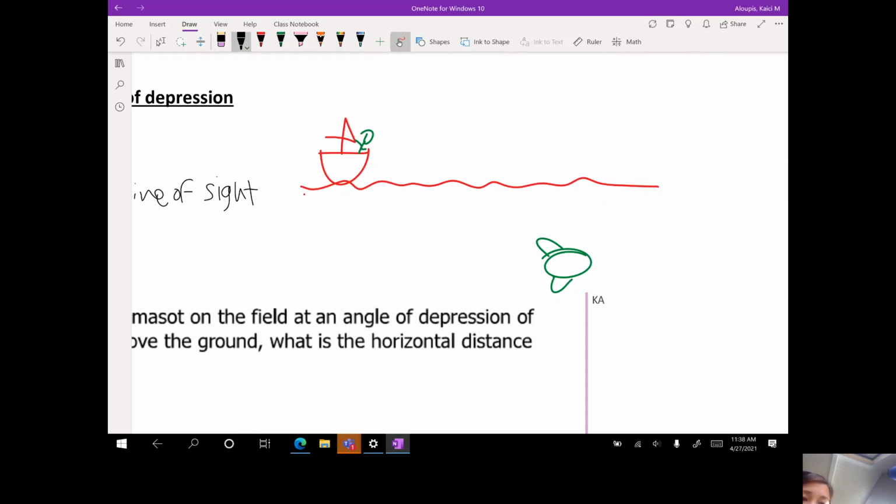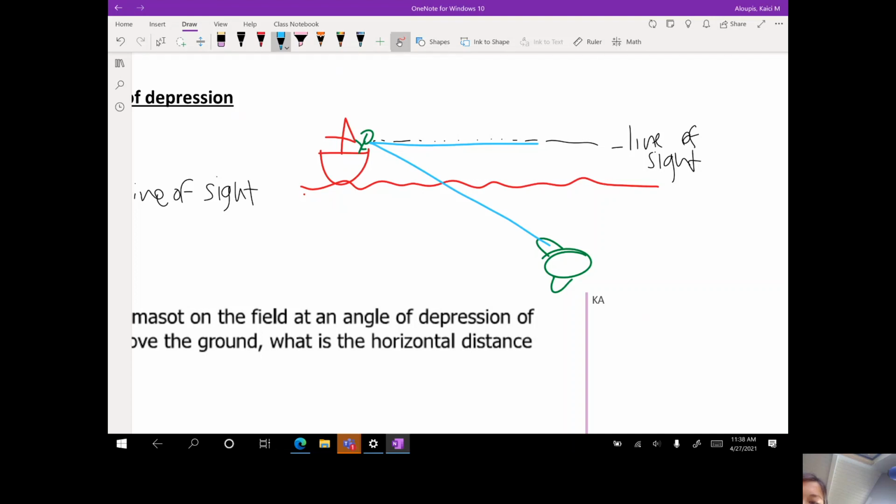Remember that this is your normal line of sight. And what happens is, to look at that turtle, your eyes have to go down, right? You have to look down to see that turtle.